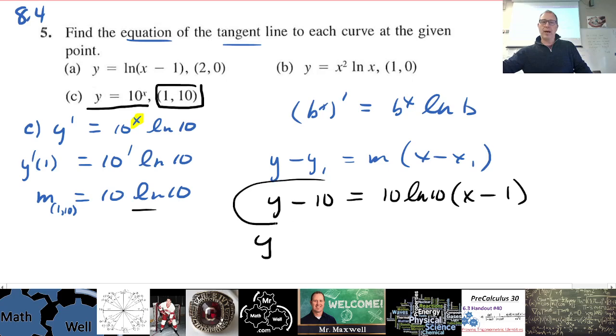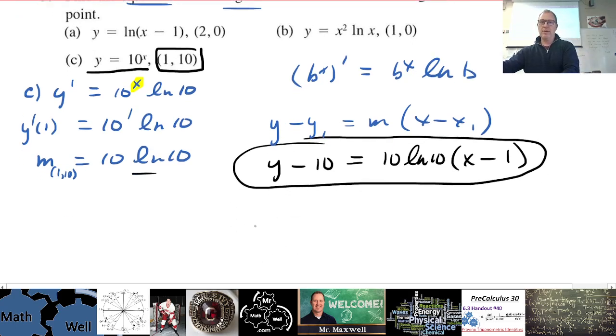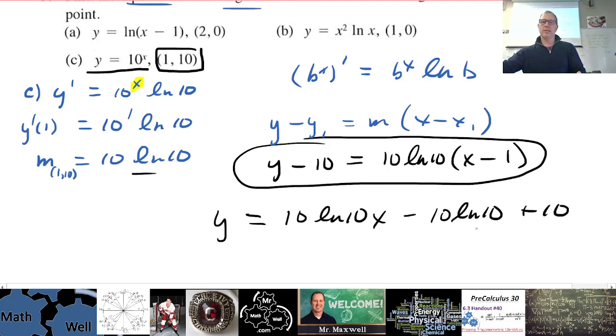And that would be fine for an equation of a line in the point slope form. They may ask you for a different version, which y equals mx plus b is usually pretty good. So y equals 10 ln 10 x minus 10 ln 10 plus 10, because you bring this over, right?